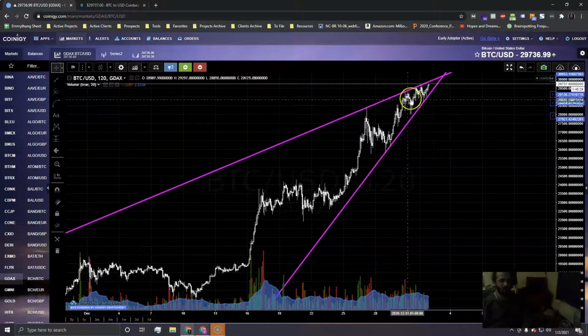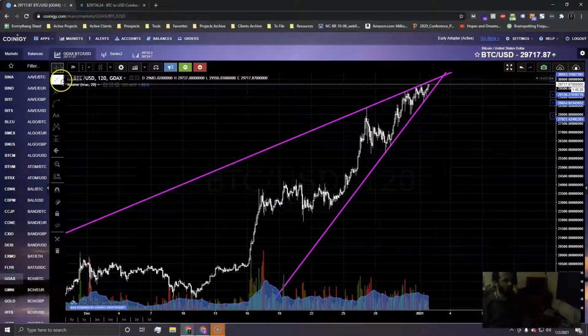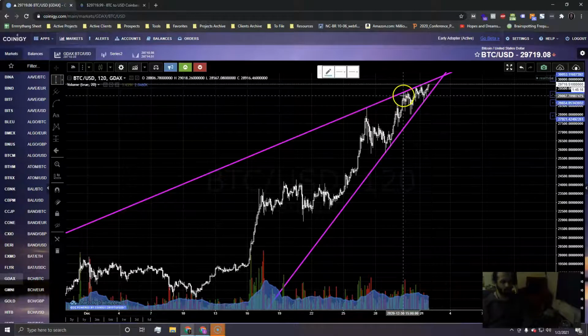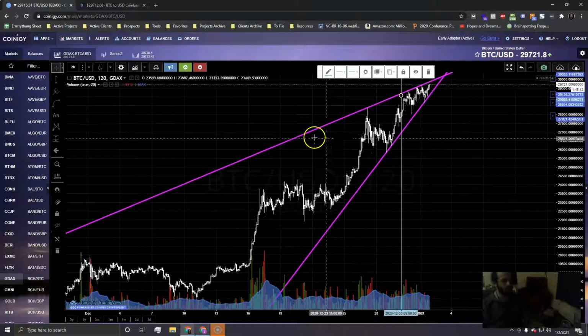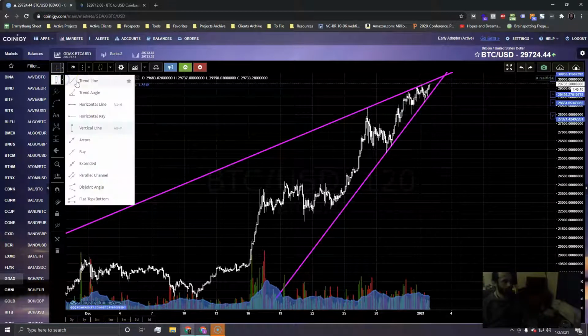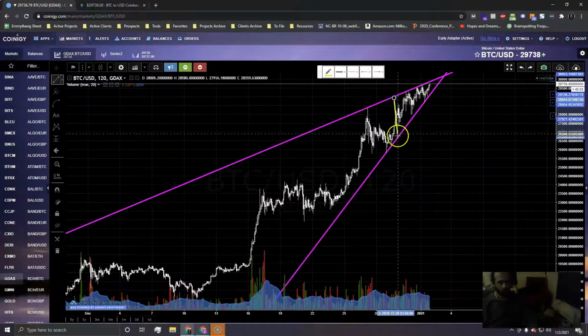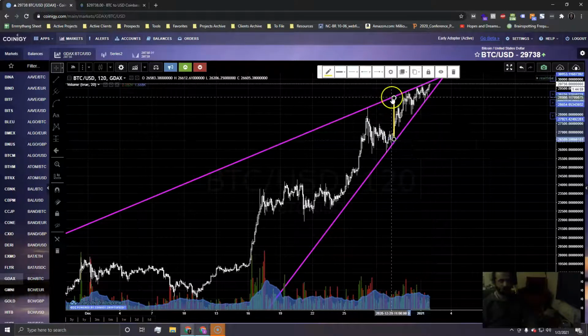Now, they say that rising wedges tend to break down, and I don't quite know how to do a measure move or what the rules are on measure moves, but I'd probably say something like this.